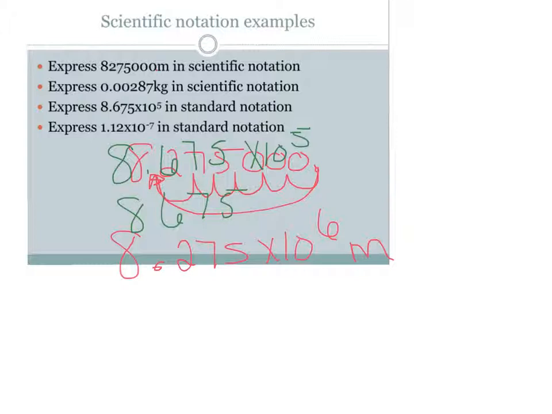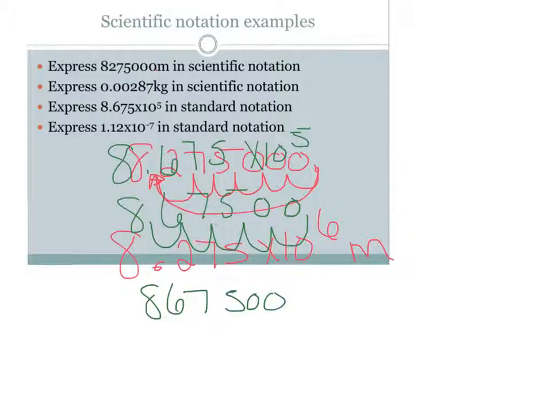So I'm going to start where the decimal was and count 5 spaces to the right. Right here we have 2 spots where there's nothing there. That means I need to insert a 0 as a placeholder. So now we have 867,500 as our new number.